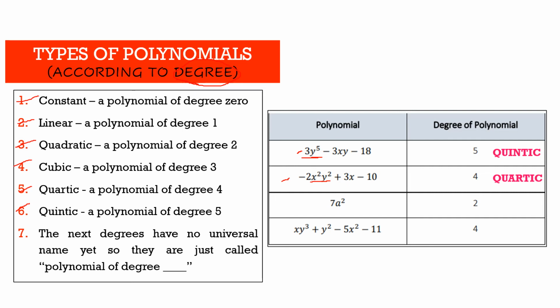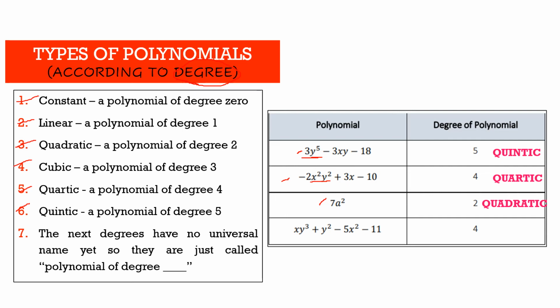The third example, 7a squared. The exponent of the literal coefficient is 2. So this example is a quadratic. And for the last one, xy to the third, or xy cubed plus y squared minus 5x squared minus 11.